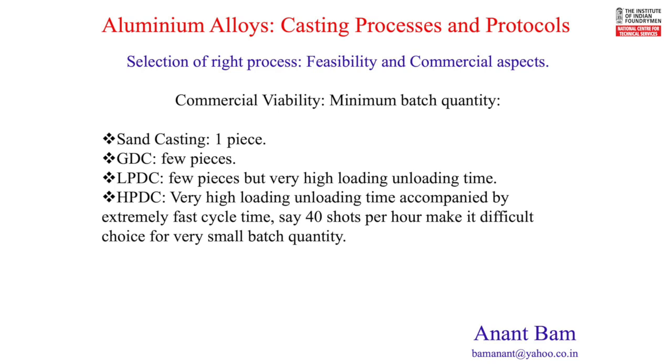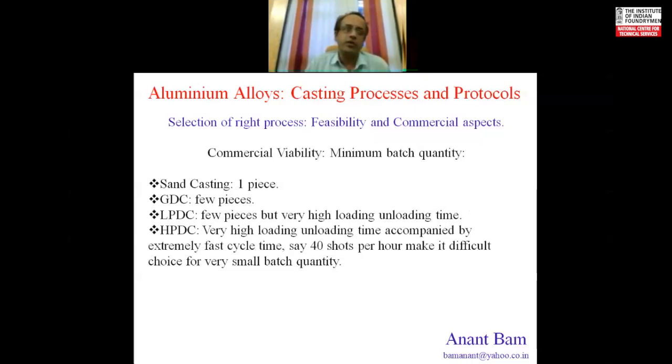It usually takes 3 to 4 hours to load one die on LPDC machine, and to unload that die, it requires about 1 to 2 hours. So both put together, you nearly lose one full shift. So minimum batch quantity should be viable to spread over 2-3 shifts. Thereby, this single shift loss due to loading unloading can be accounted for.